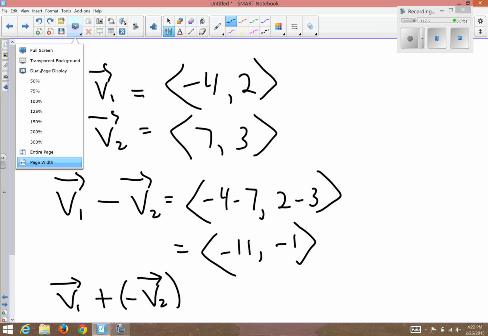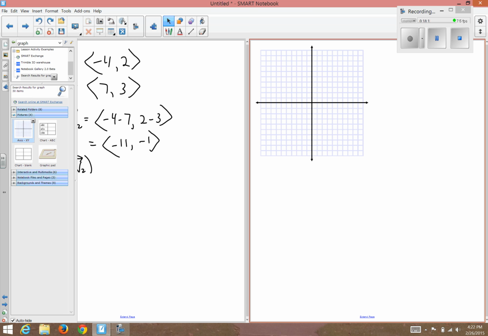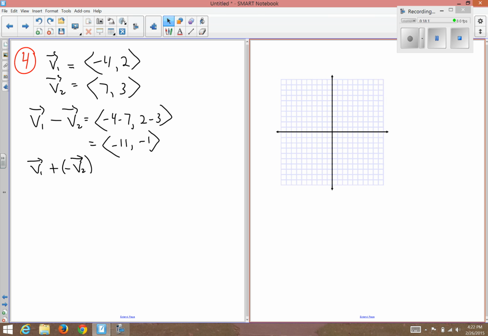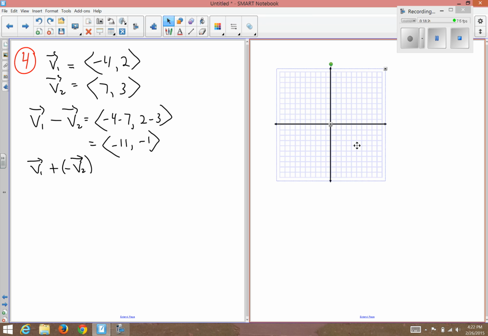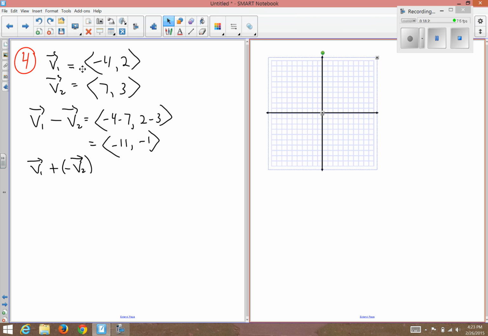So, if I plot the vector negative 4, 2, I gotta make this bigger.